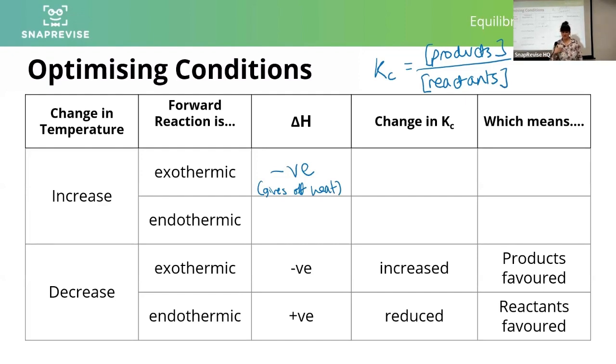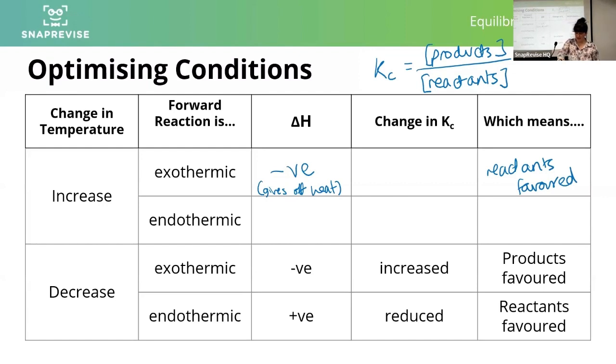If it wants to decrease the temperature, it's going to need to go against the forwards reaction because that's also creating heat and increasing the temperature. So it's going to shift the position towards the reactants. It means the reactants are favored. So position of equilibrium is shifting to the left to bring the temperature back down again.